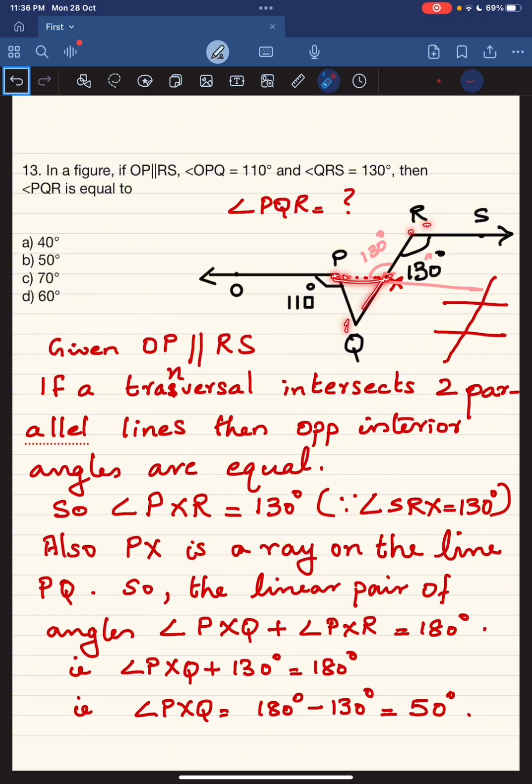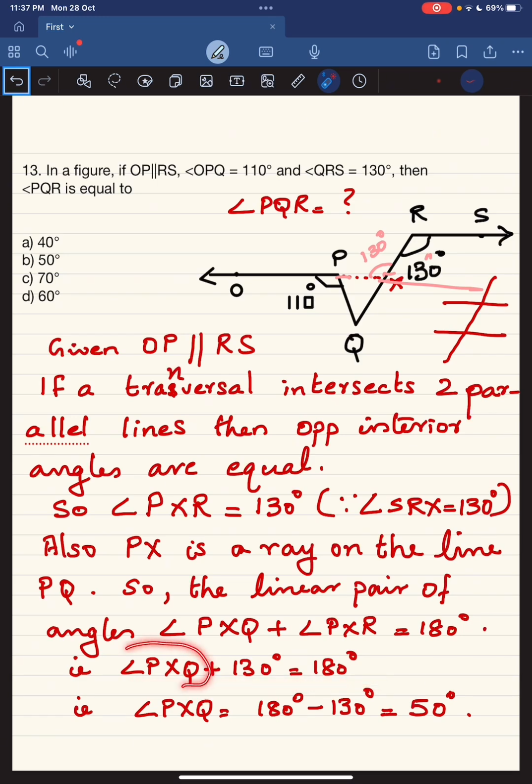These are the two linear angles, and their sum is 180 degrees. So angle PXQ plus angle PXR is equal to 180 degrees. Now PXR is 130 degrees, so we substitute: angle PXQ plus 130 degrees is equal to 180 degrees.